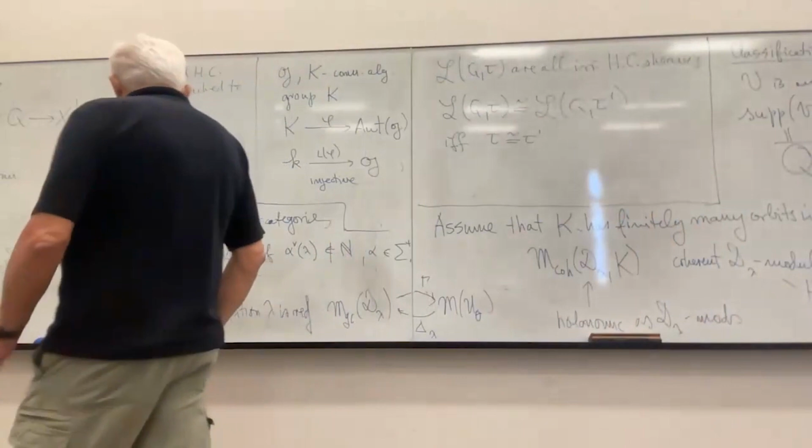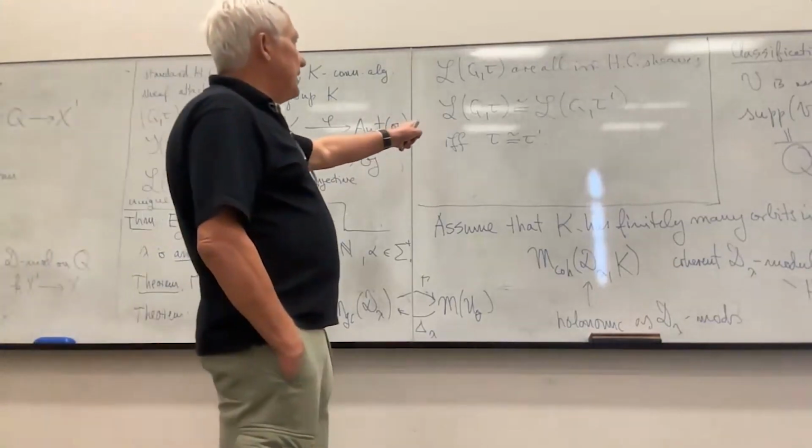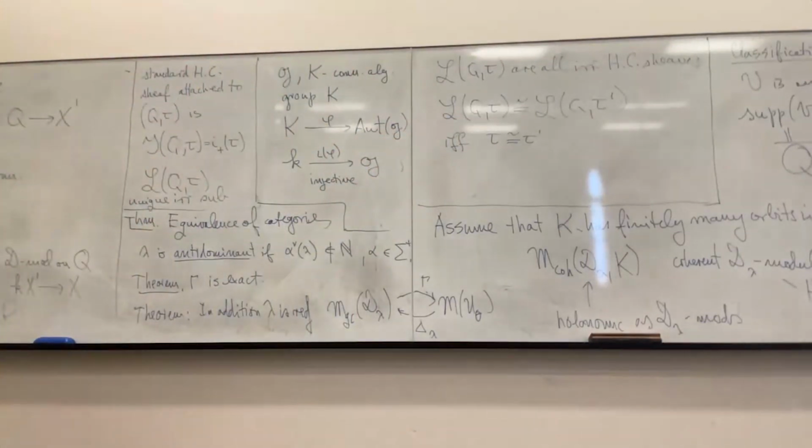Now, the consequence of the general nonsense we discussed before gives us the geometric classification of Harish-Chandra modules. If lambda is antidominant and regular, global sections of these Harish-Chandra sheaves are irreducible Harish-Chandra modules.